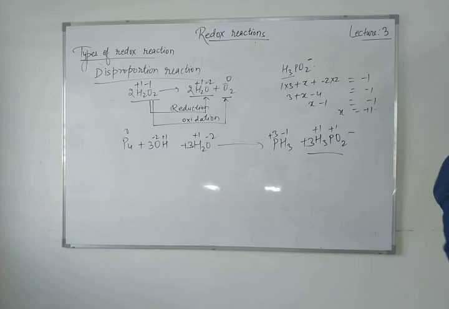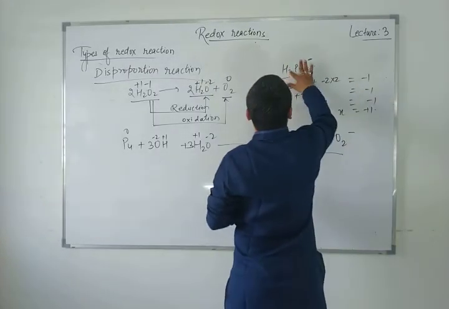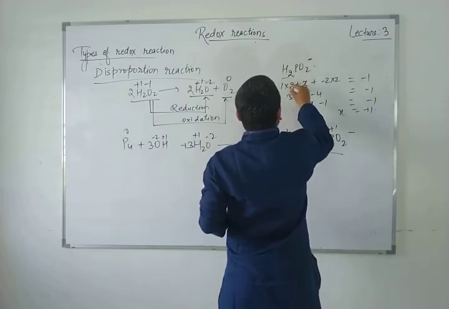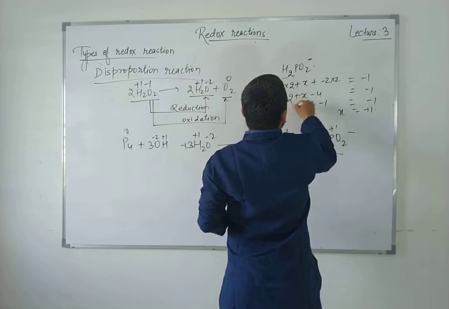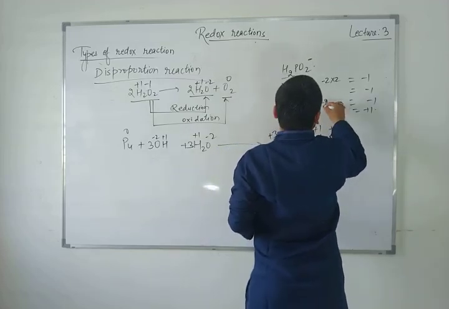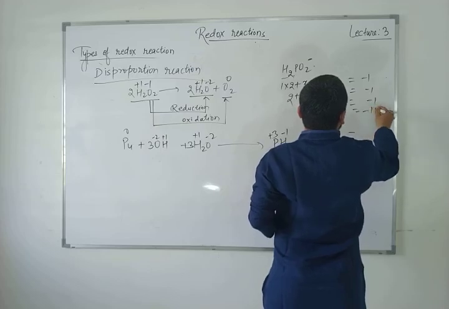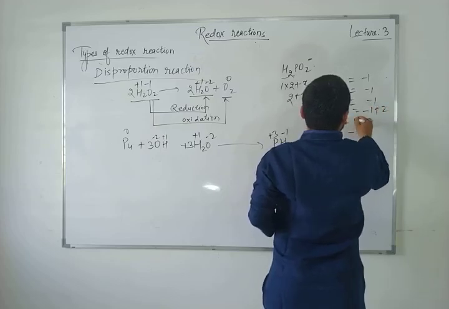How did I say it is plus 1? Because in the compound it is H2PO2, not H3PO2. So here 1 into 2 is 2, 2 minus 4 becomes minus 2, and minus 2 plus X equals minus 1, so X is equal to plus 1.